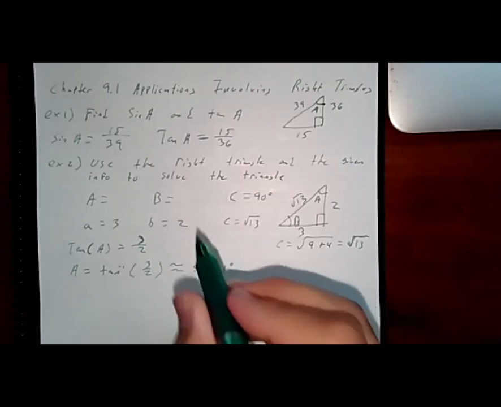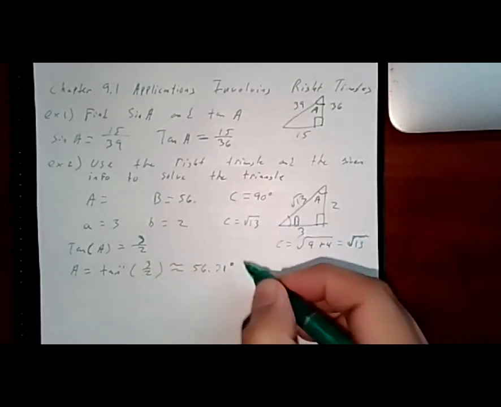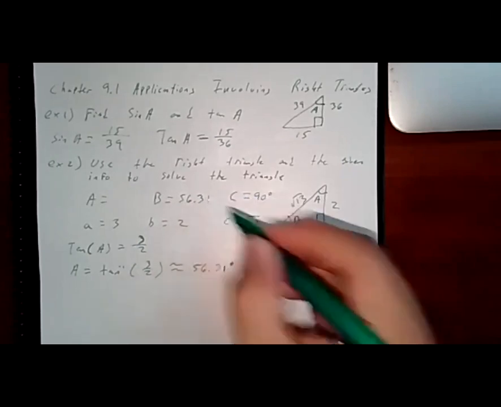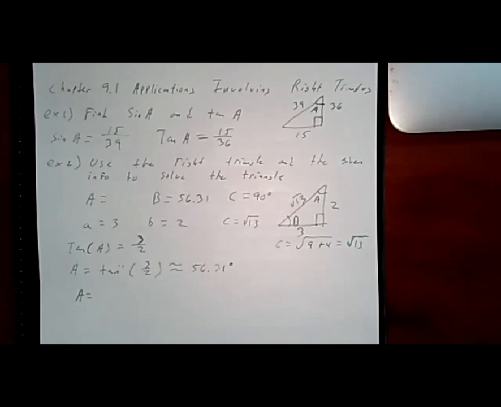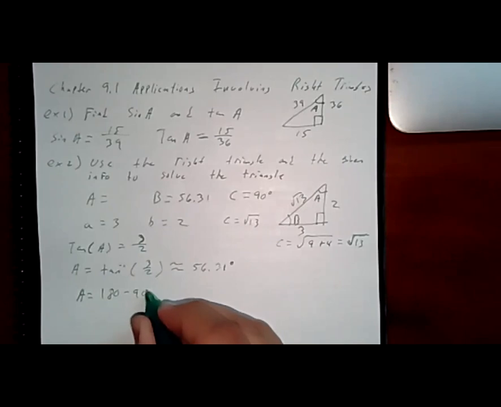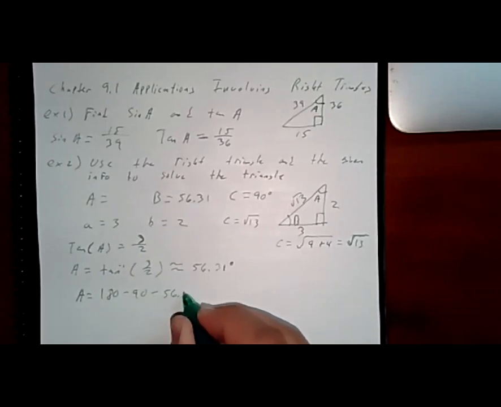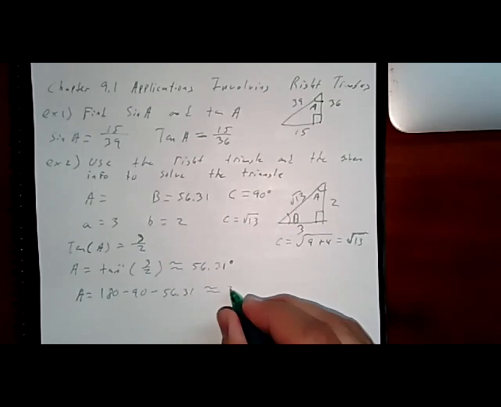So now that we have A, we should be able to find B, right? Because the sum of all three angles for any triangle is always 180, so B is equal to 180 minus 90 minus the angle we found. I'm going to subtract the number in the calculator, not the one I rounded, and then round afterward.